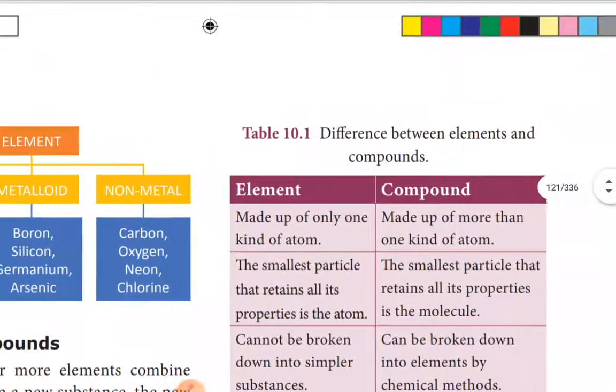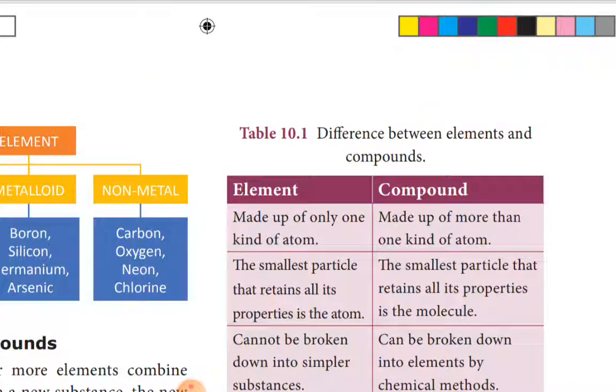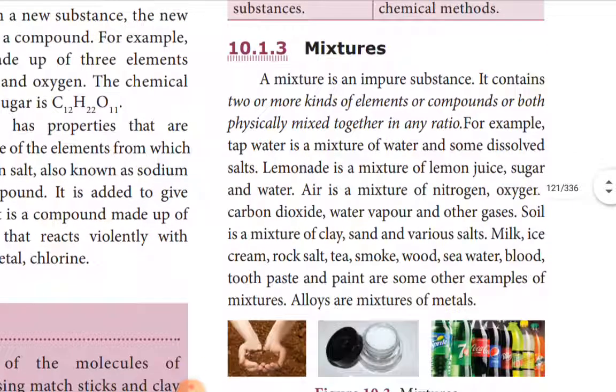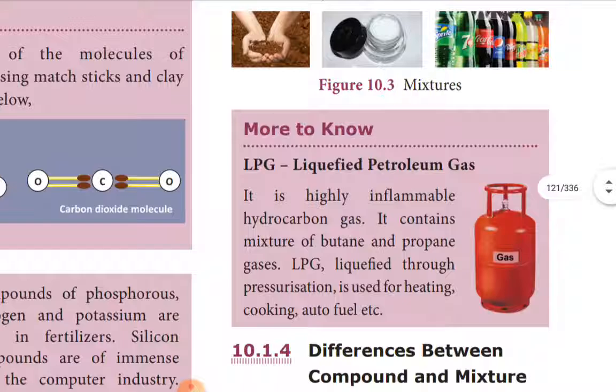And the difference between element and compound: an element is the simplest substance which consists of only one kind of atom, but a compound contains more than one kind of atom. And mixture is a physical combination of two or more kinds of elements or compounds, and there is no definite ratio.